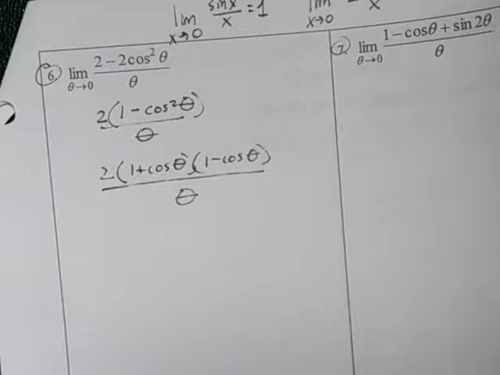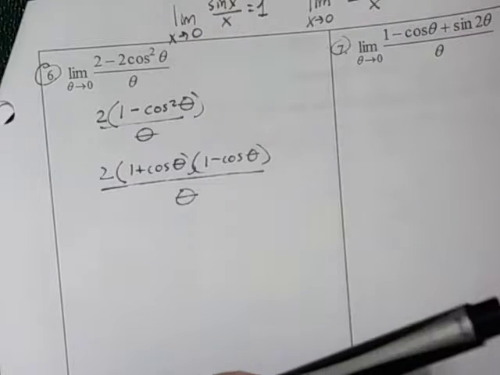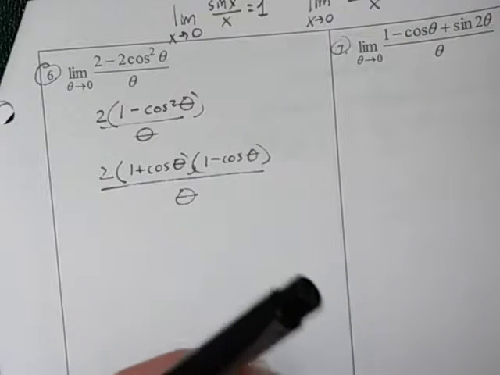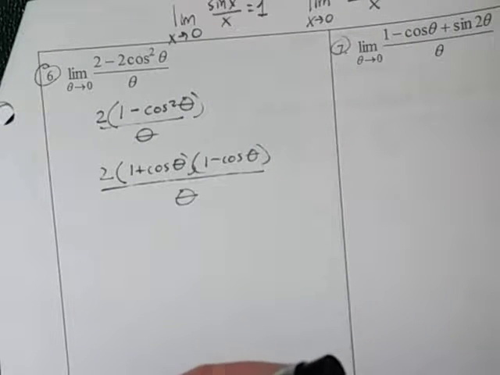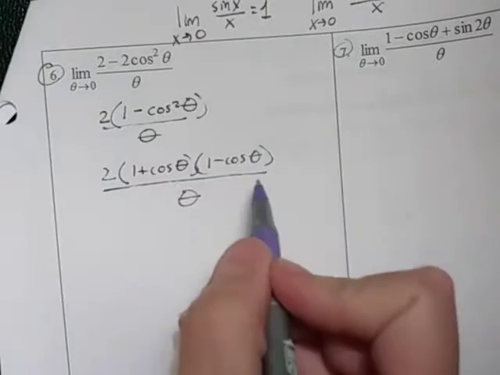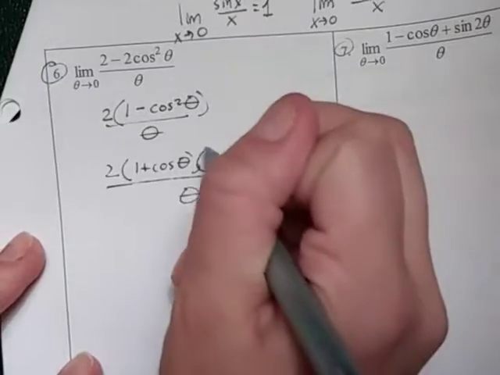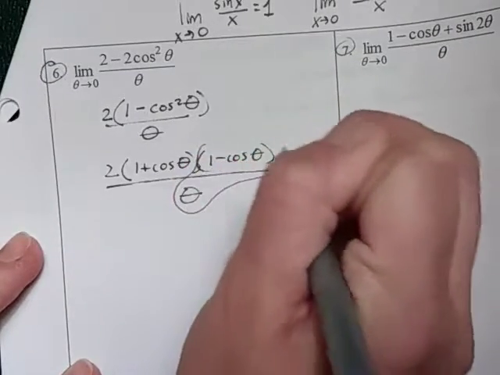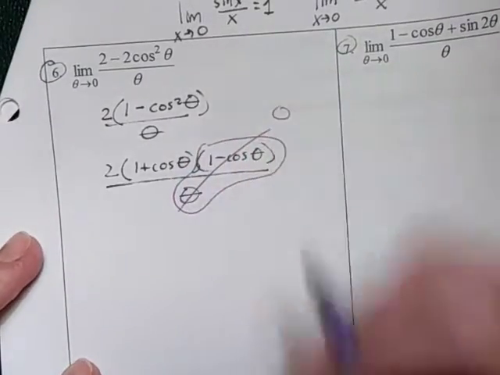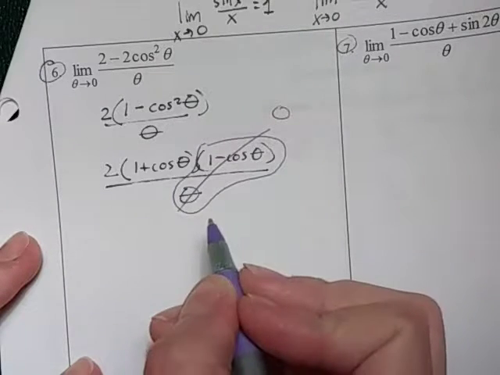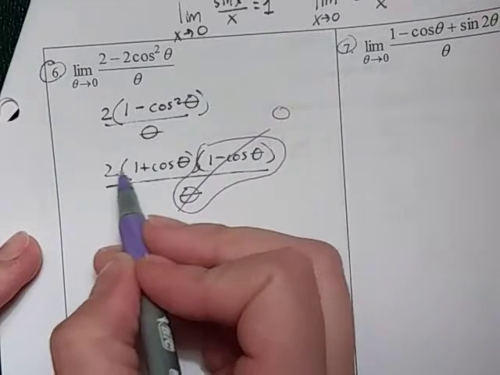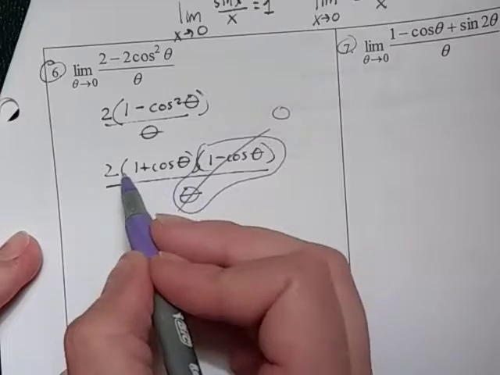Now, why that is helpful to me: I see my 1 minus cosine theta over theta, meaning this whole shebang is just 0.